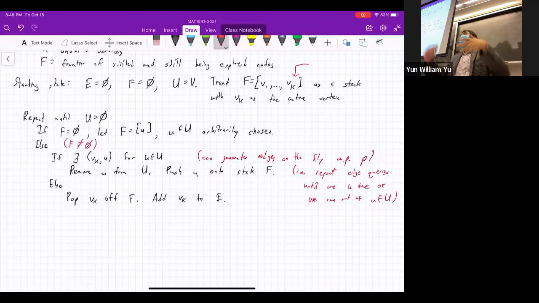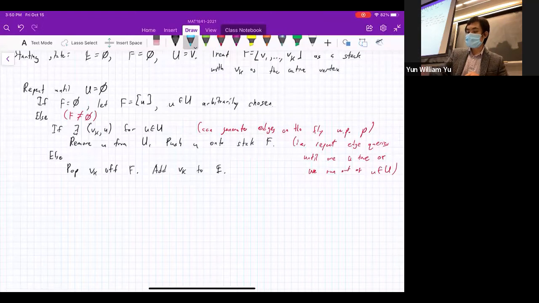Okay, so now we've defined another exploration process, and we're going to characterize how long this exploration process takes. Using this, we're going to characterize the size of the giant connected component. I think this is Lemma 8.7 in your textbook. I've been really bad about putting theorem numbers.